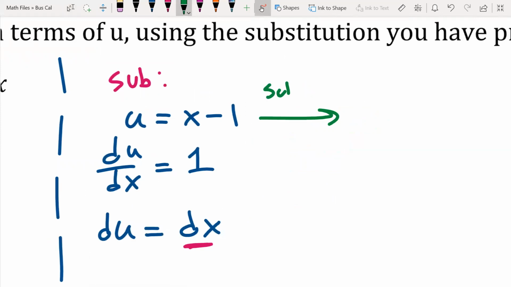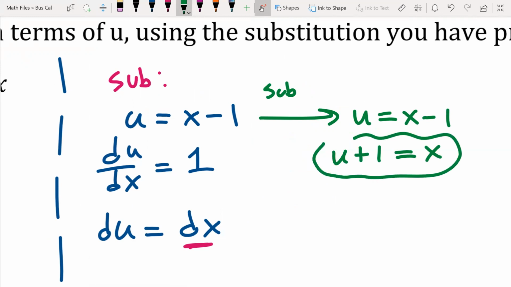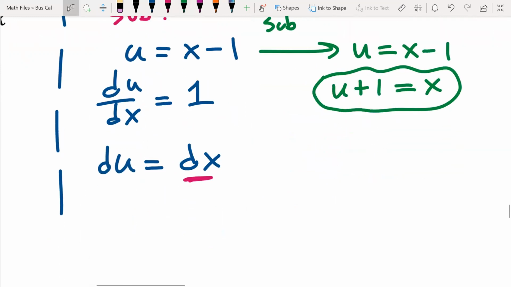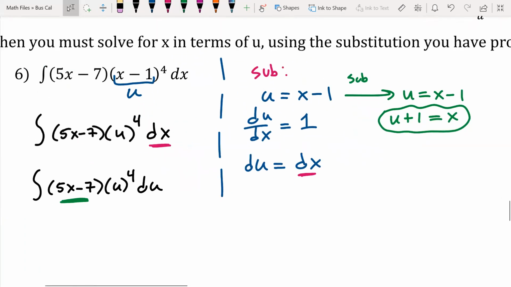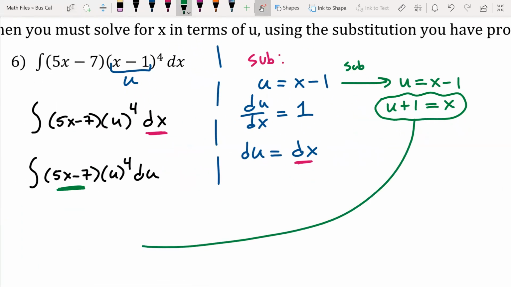So here's another sub. I'll rewrite it. u equals x minus 1. Add the 1 over, and you get u plus 1 equals x. So now x is equal to u plus 1. What you're going to do with that is plug it in for this x.